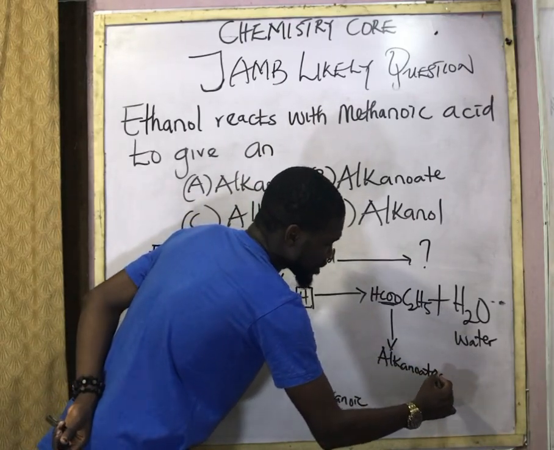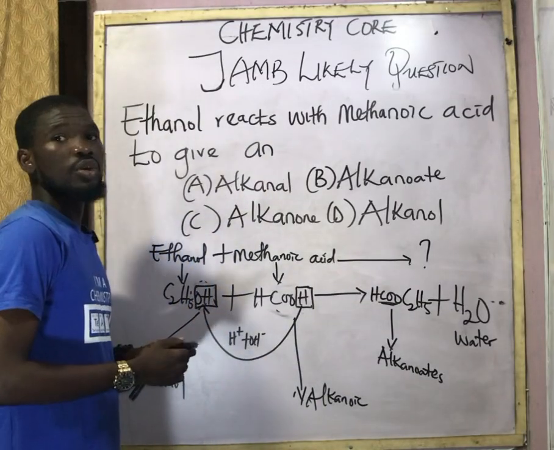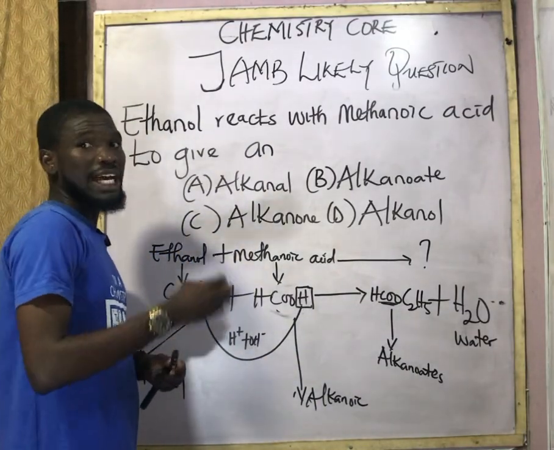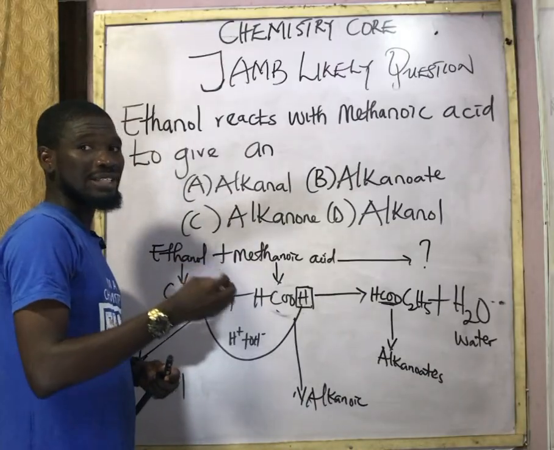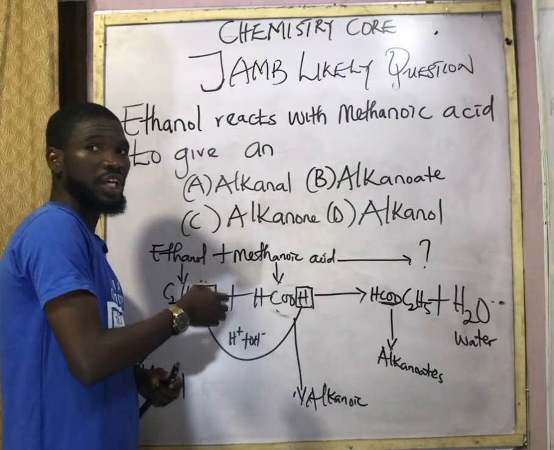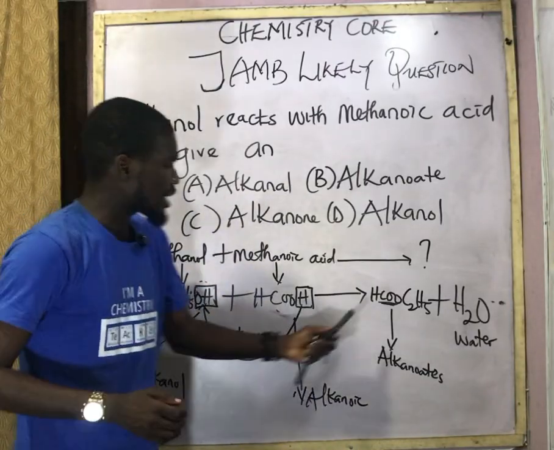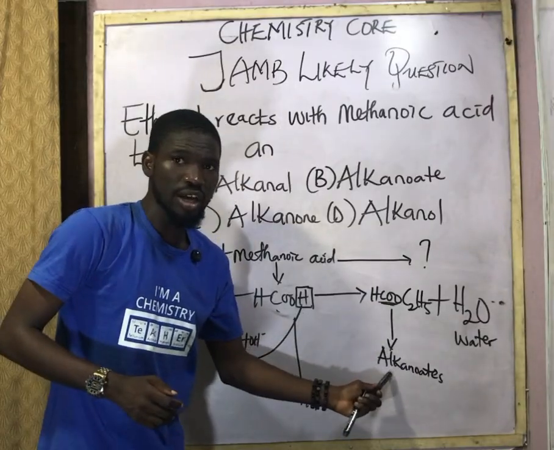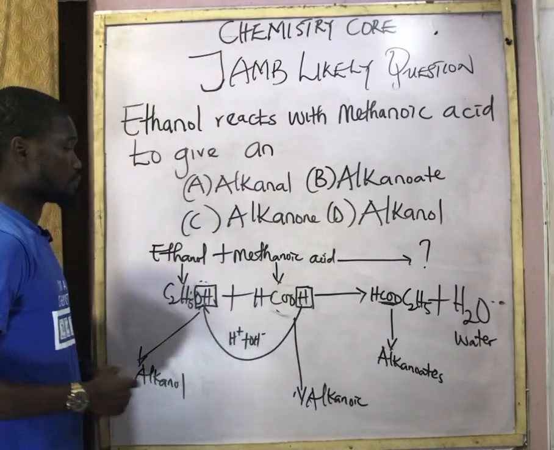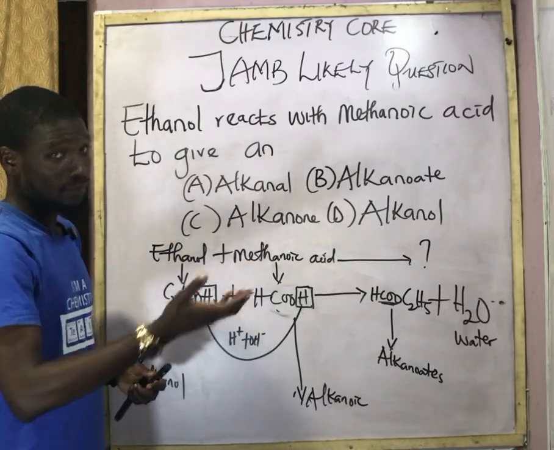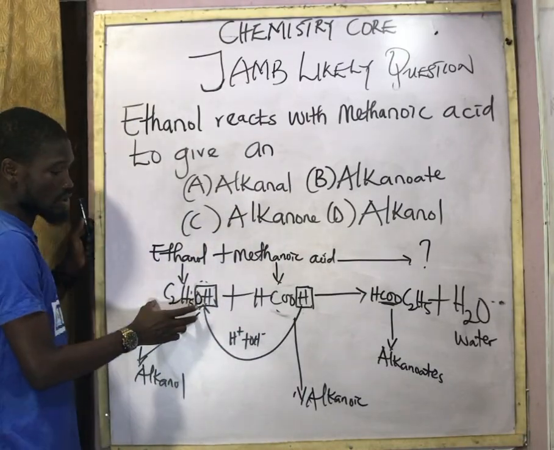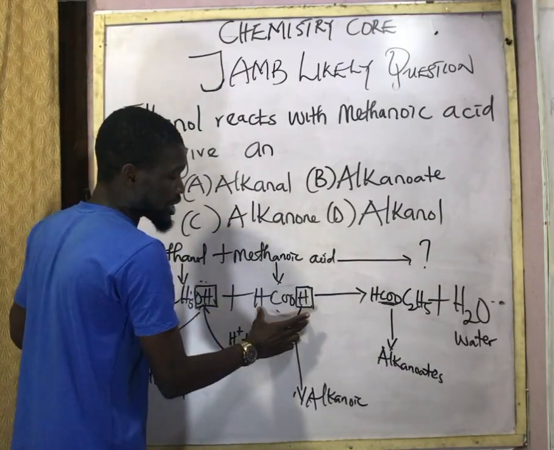I'm showing you all this because it's going to help you, as you are just coming across this video and paying close attention to what we are doing on the whiteboard. So what I underline here is the functional group of alkanoate. Now, we are asked to identify what you are going to have when ethanol reacts with methanoic acid.